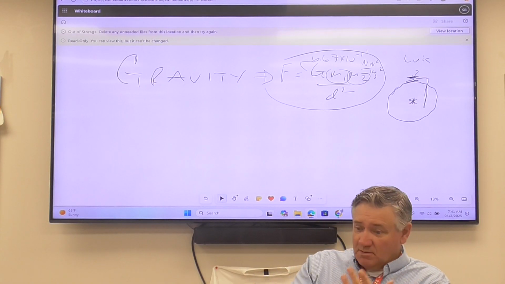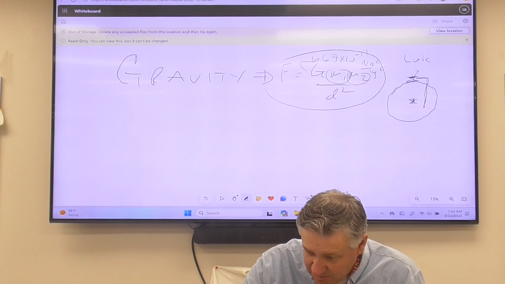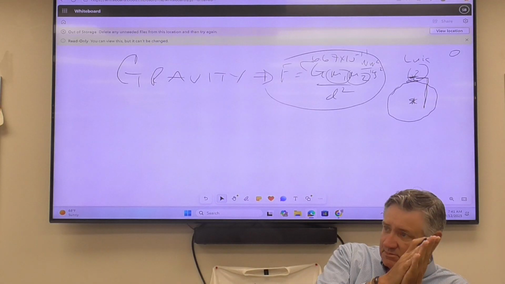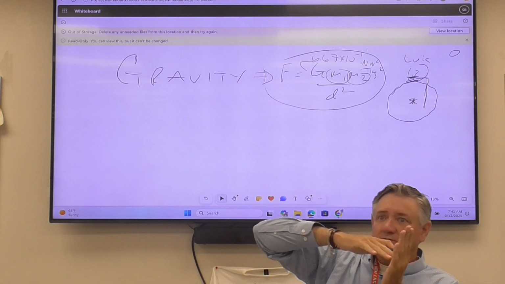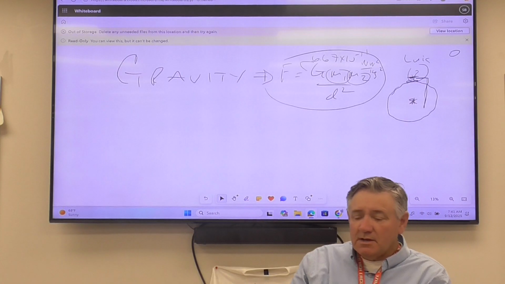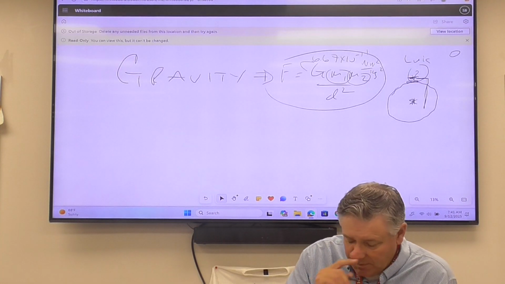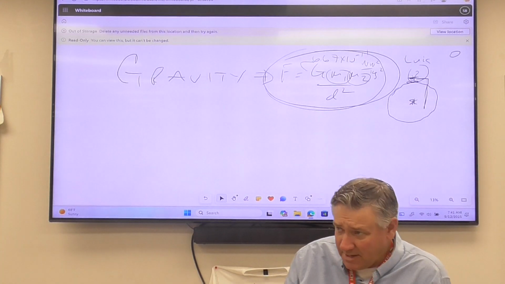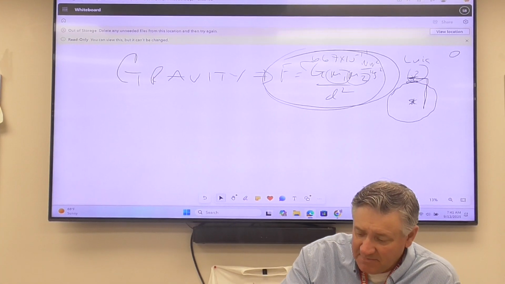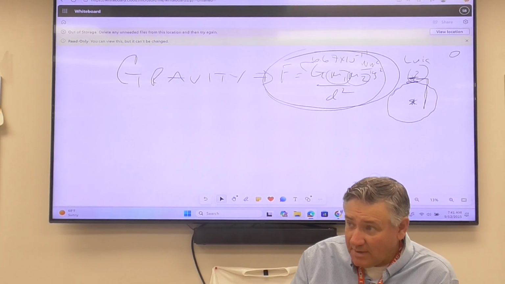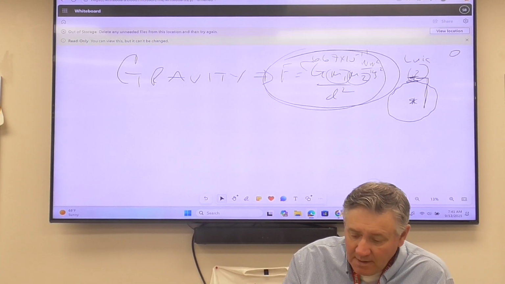If we were to calculate the attraction between Louise and the moon, all we'd have to know is Louise's mass, the mass of the moon, and the distance, okay? You can do that. Typically on Earth we can do this, but it's a very complicated calculation, because you've got to have the mass of the Earth and the distance from the Earth. You can do it that way, but it's complicated.